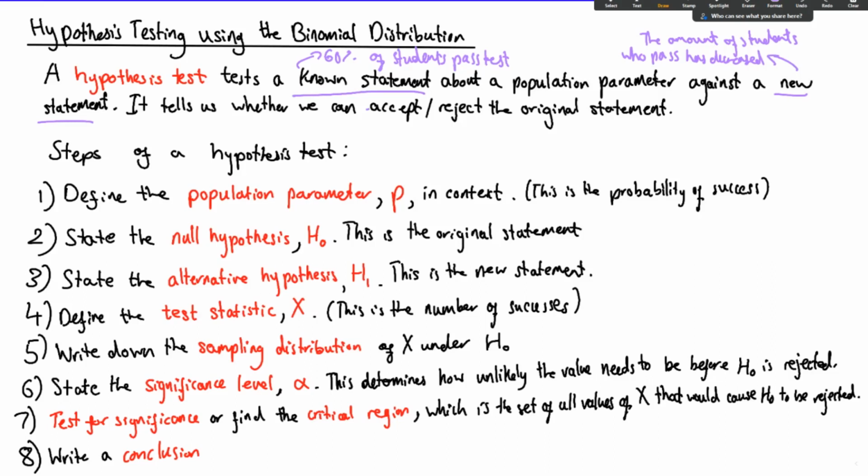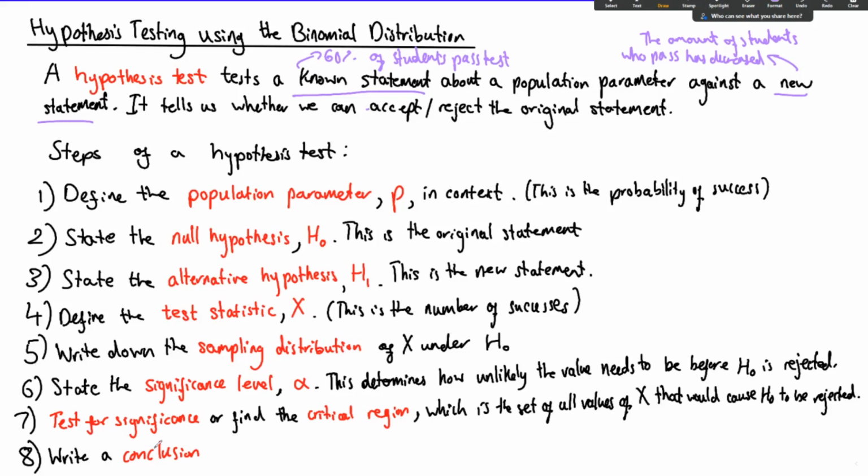And then once we've defined all of this, we can calculate either a test for significance or the critical region. And the critical region is the set of all values of X that would cause H0 to be rejected. A test for significance just tells us if we can accept or reject the statement. And then at the end, you have to write a conclusion.